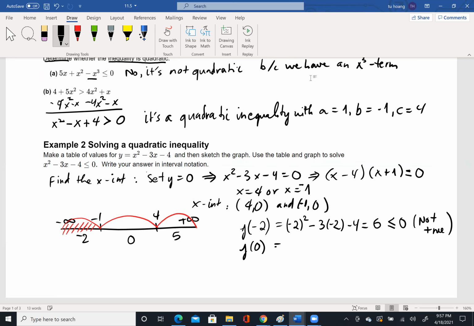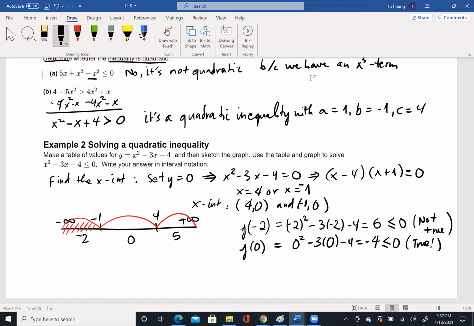I have f of 0, which is 0 squared minus 3 times 0 minus 4, which is -4, and this is less than 0. That is true. So you will take the middle interval.